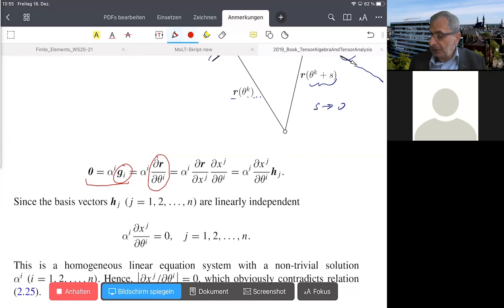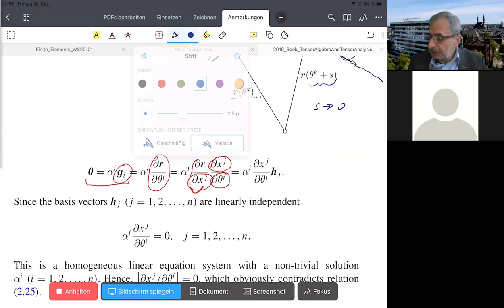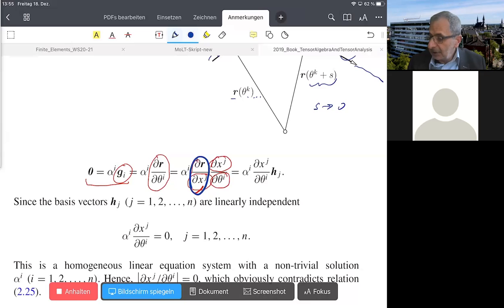I can first differentiate with respect to my other coordinates, dx_j, then dx_j with respect to theta_i. But these derivatives dr/dx_j are nothing but my vectors h_j.